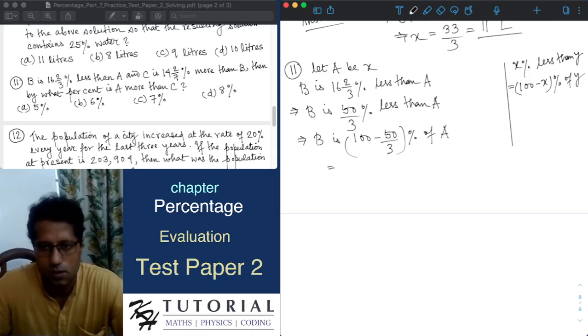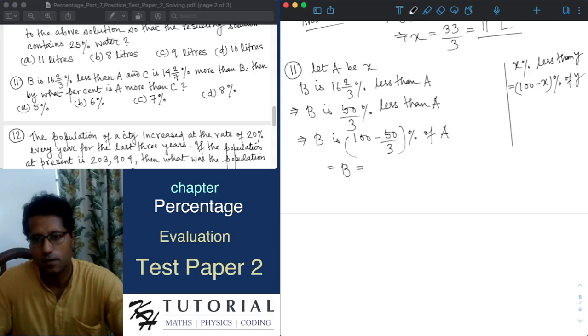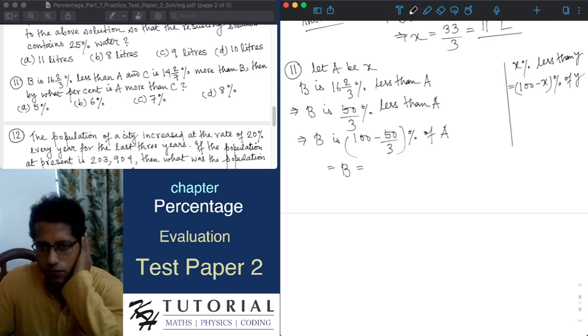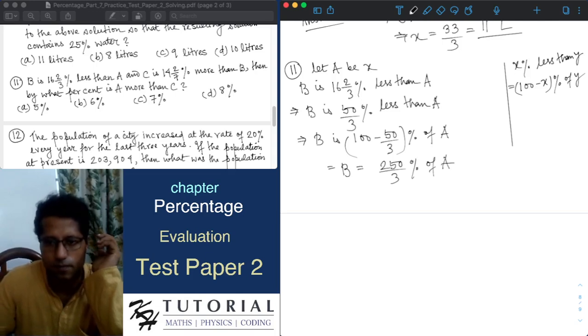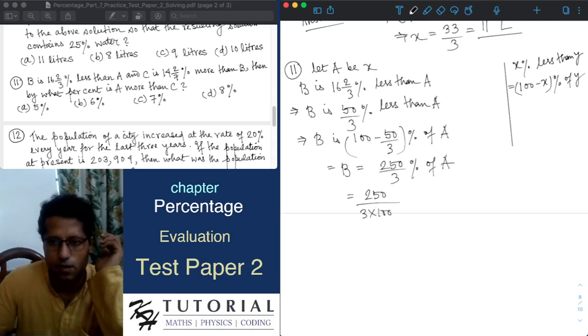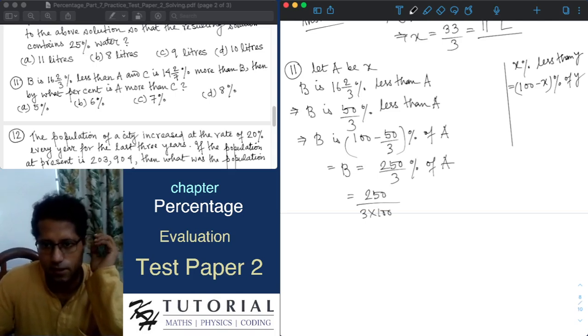100 minus 50 by 3 is 250 by 3% of A. This is equal to 250 by 3 divided by 100, and A is x.